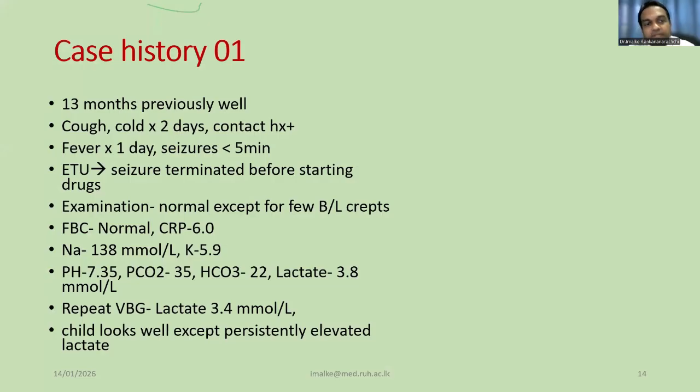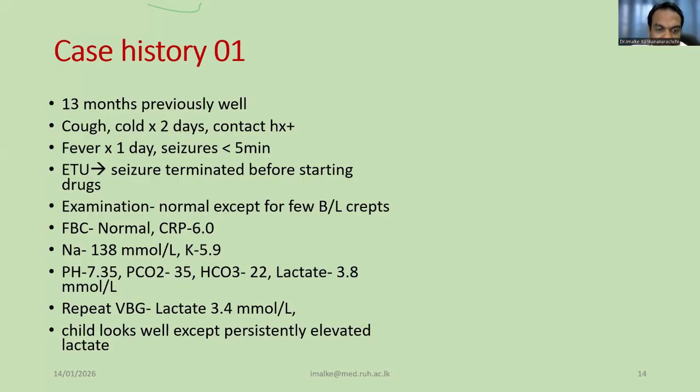Now let's look at this case. A 13-month-old presented with cough and coryzal symptoms and developed a seizure. The child came to the emergency department, and because of that they did some basic investigations. The pH was at the lower limit of normal. CRP was 6. Lactate is 3.8, which is obviously higher than it should have been.